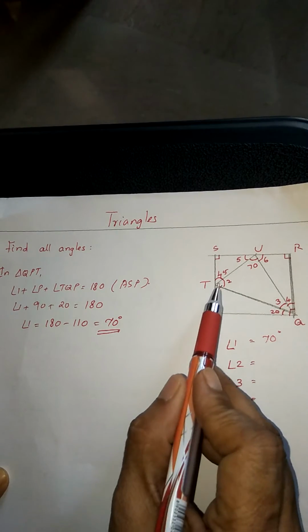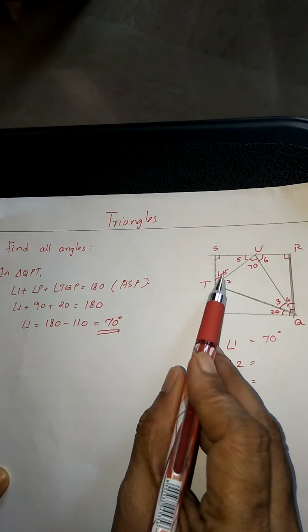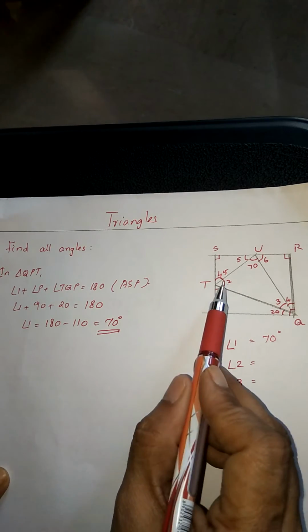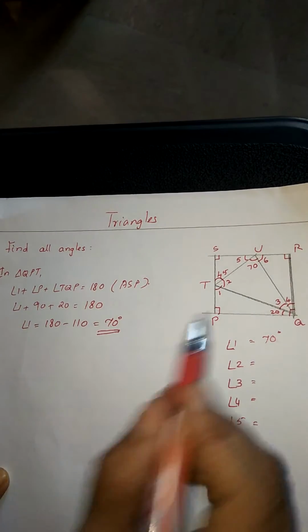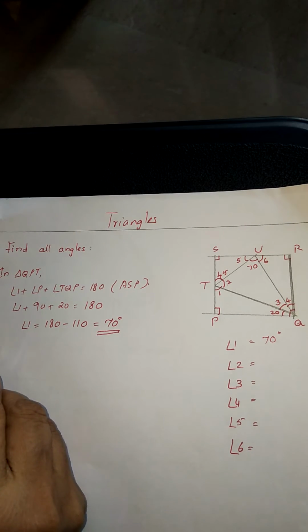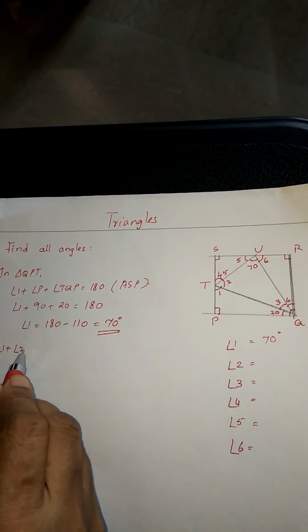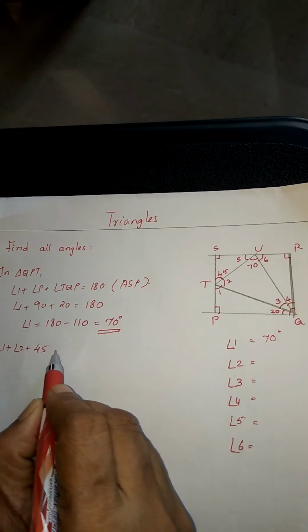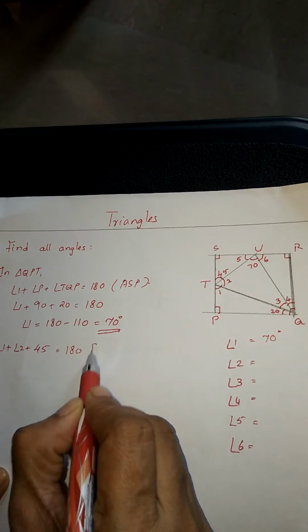Now we will go to this. 1, 2 and 45 together will make 180. The sum of all angles on one side of a line is 180. So angle 1 plus angle 2 plus 45 degrees is equal to 180 degrees.